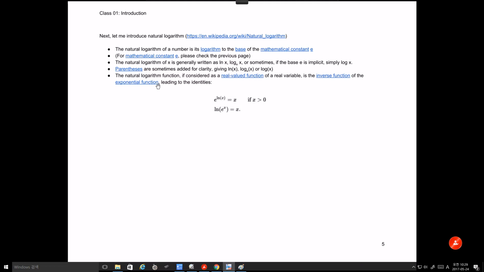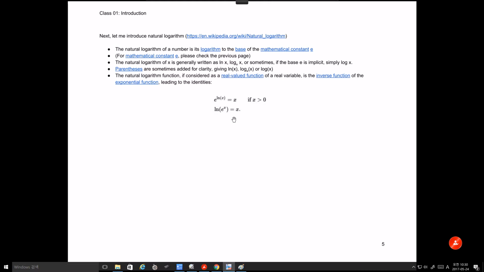The natural logarithm function, if considered as a real-valued function of a real variable, is the inverse function of the exponential function, leading to the identity. So this is important: the natural logarithm is the inverse function of the exponential function. It is very straightforward.